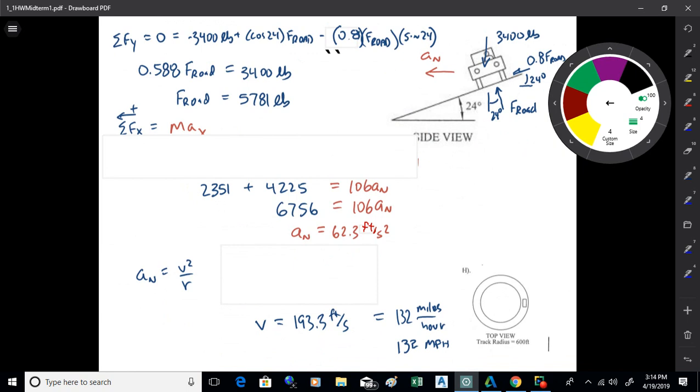All right, so what we're going to do is just kind of draw it from the front on that view. So we got the weight down, the force of the road, which we often call the normal force, but I don't want to confuse it with my a sub n, so I call it F road. That's normal to the road.